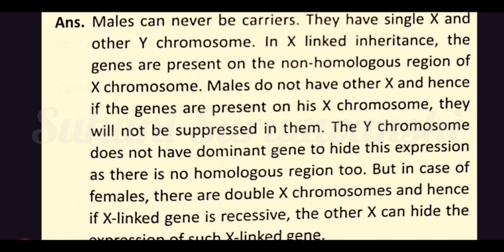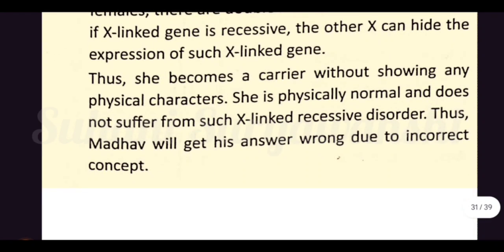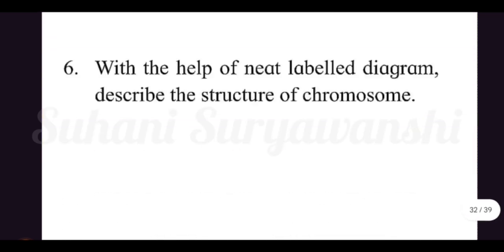But in case of females there are double X chromosomes, and hence if the X-linked gene is recessive, the other X can hide the expression of such X-linked gene. Thus she becomes a carrier without showing any physical characters. She is physically normal and does not suffer from such X-linked recessive disorder. Thus Madhav will get his answer wrong due to incorrect concept.